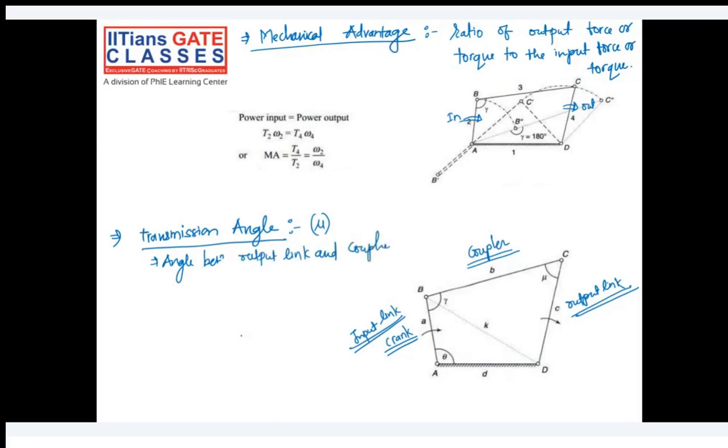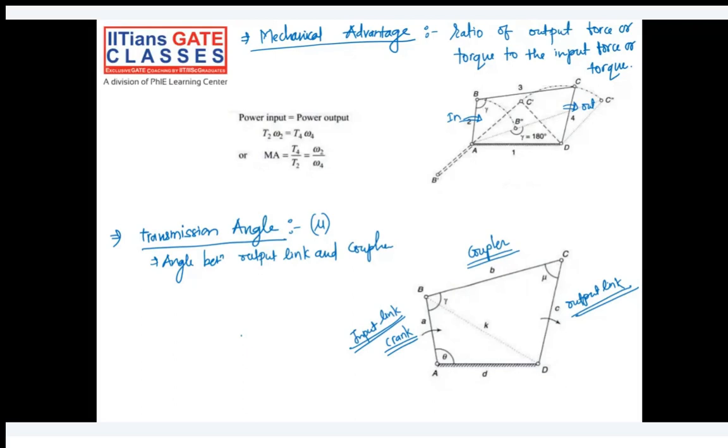Can you tell me, when is there a chance of getting maximum transmission angle? And when will we have the chance of minimum transmission angle?